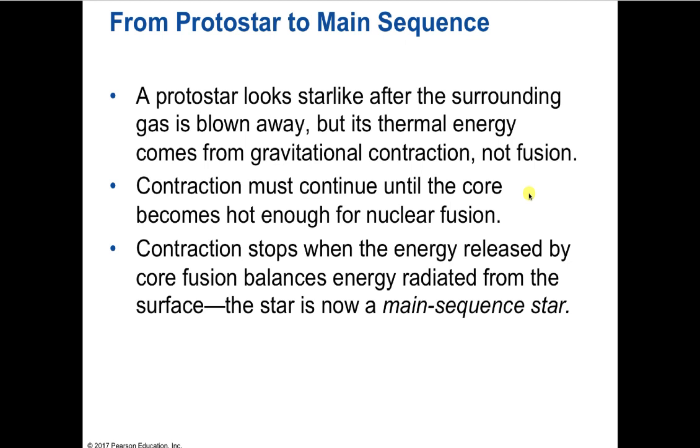Ultimately, that's when contraction will stop, when there's a nice balance between the outward pressure from the energy produced in the core by nuclear fusion and the inward force of gravity. Eventually, the contraction will stop when nuclear fusion starts, roughly at that point, and you'll now have an actual main sequence star.